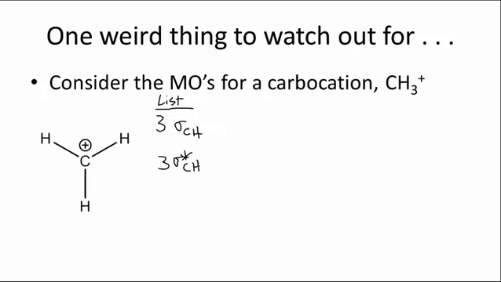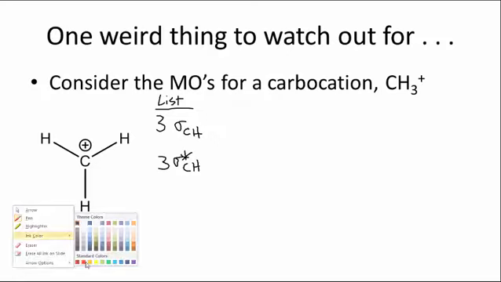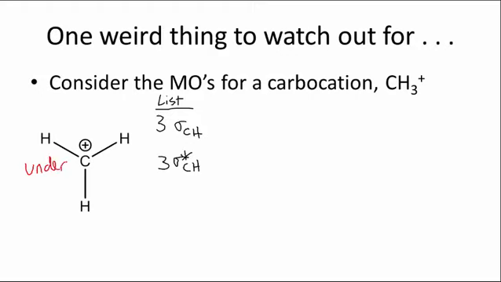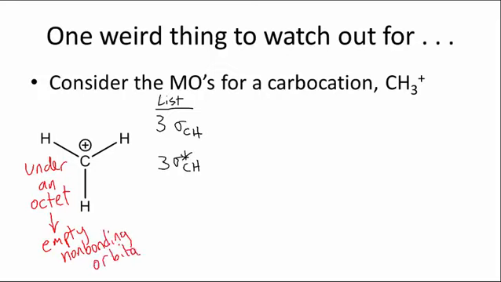All right. Whenever you see a carbocation, the key is it's breaking the octet rule. So this is under an octet. And whenever you have something that's under an octet, that means there's going to be an empty non-bonding orbital on that atom. So that missing 7th orbital is going to be a non-bonding on carbon.